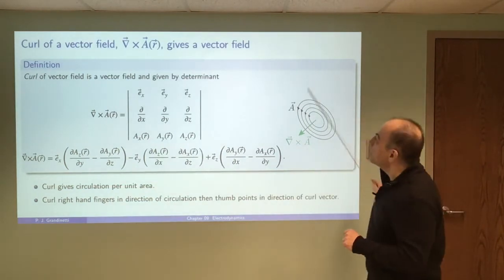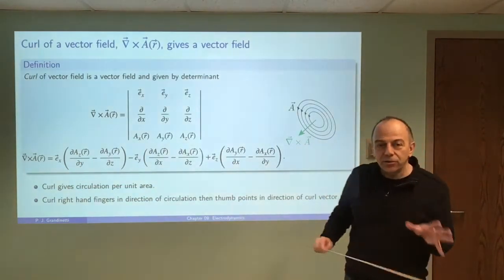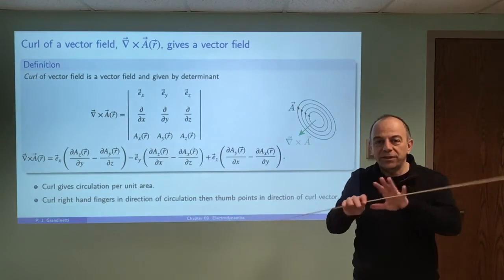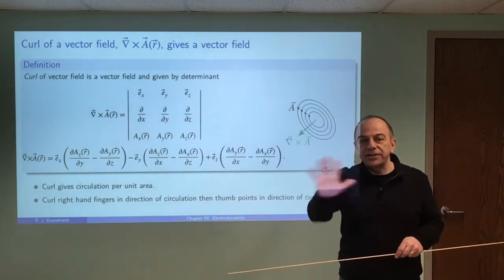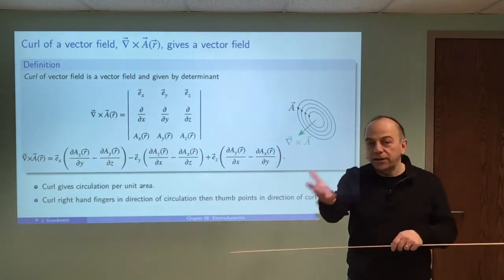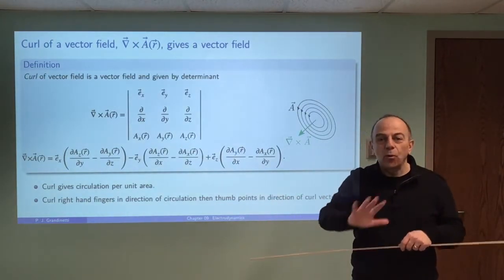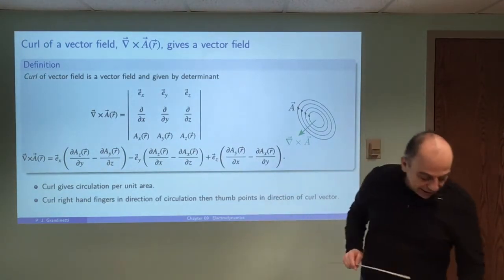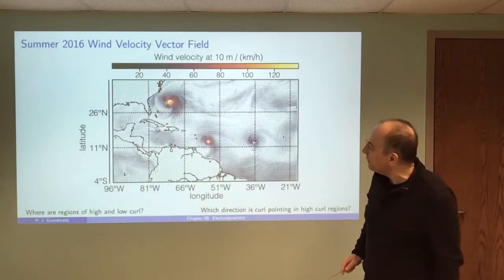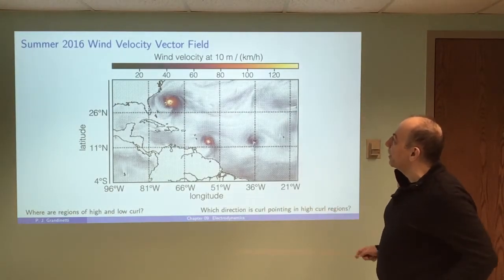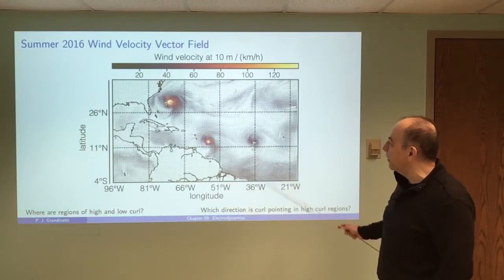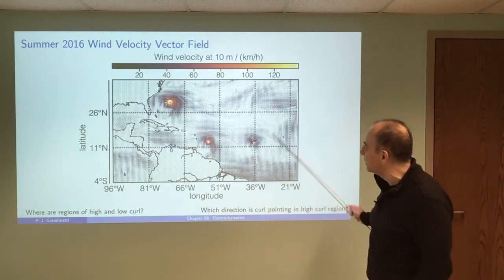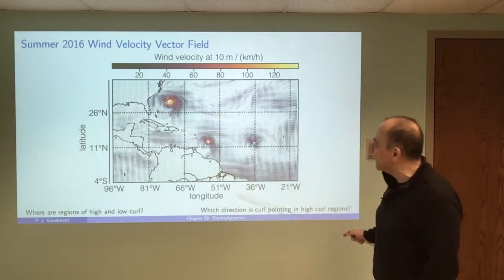And so this is another operation that tells us something about the vector field quantity, which used with the divergence, helps us understand, if we could look at our weather maps, what's going on in that particular region of space. So as another example, here is a wind velocity vector field. It's a 2D field for the summer of 26, around the Caribbean Ocean and the Atlantic Ocean.